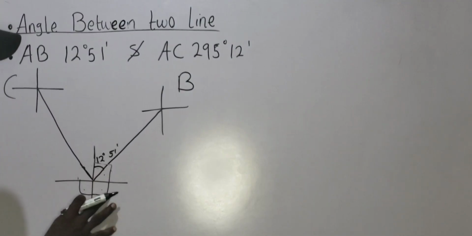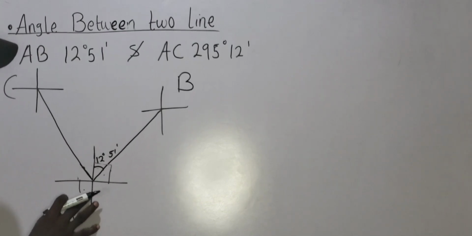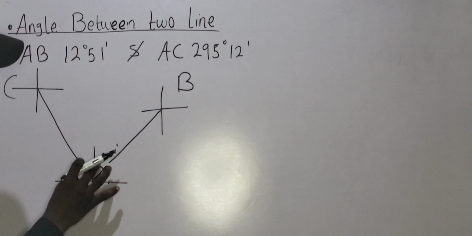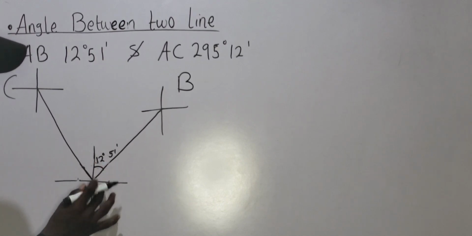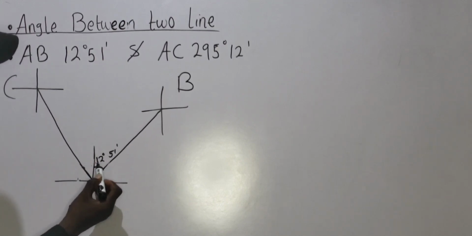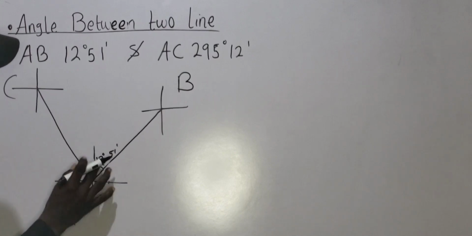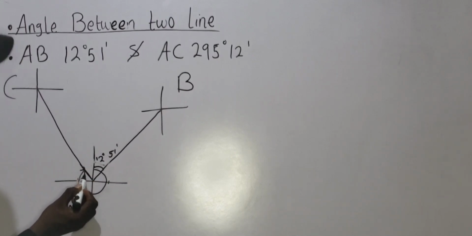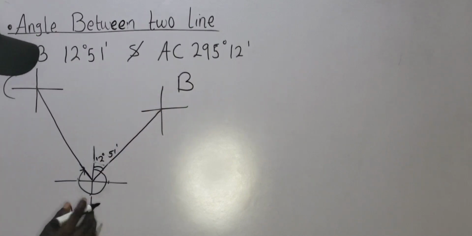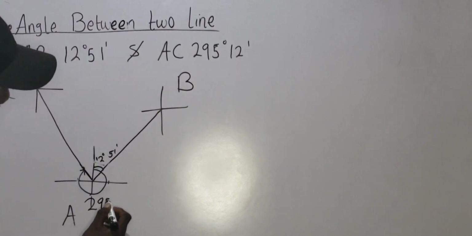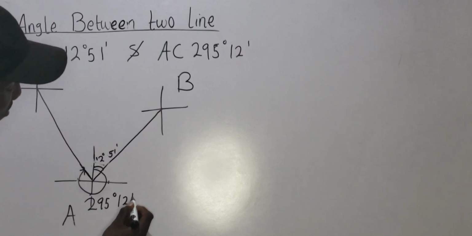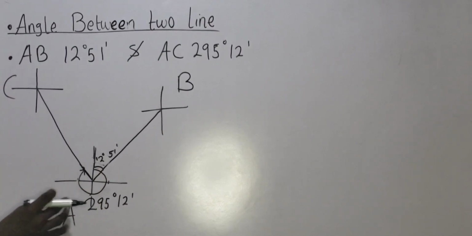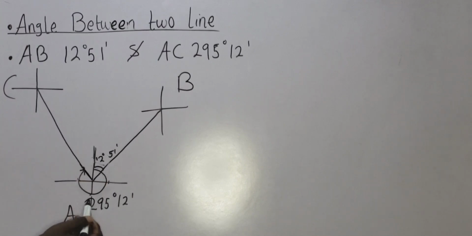So the angle in this place, the angle from this point to this point is 295 degrees 12 minutes. So now I know the angle here is 295 degrees 12 minutes.